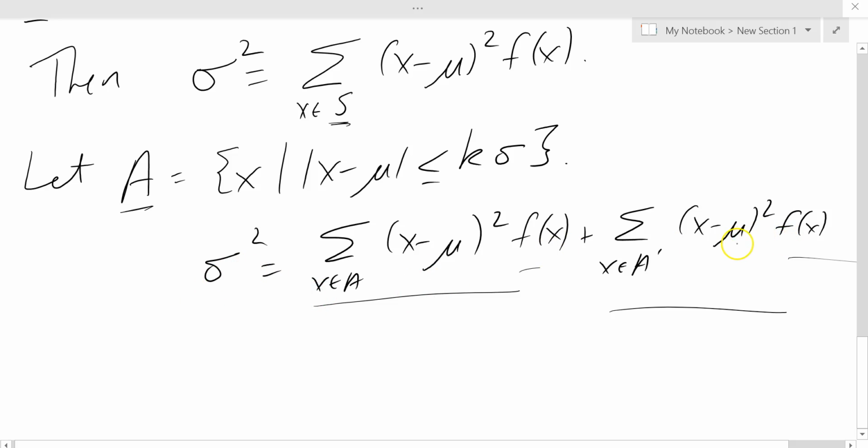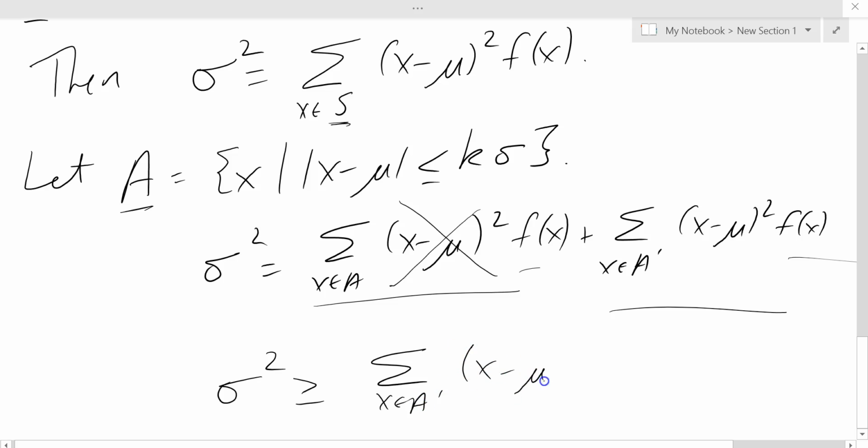Now, the way I've defined A, I defined it as a less than inequality. So I probably don't want to drop off this part, because I've got a greater than and then something with a less than inside the sum. So I'm going to drop off this part and write sigma squared is greater than or equal to the sum over x in A prime of x minus mu squared f of x.